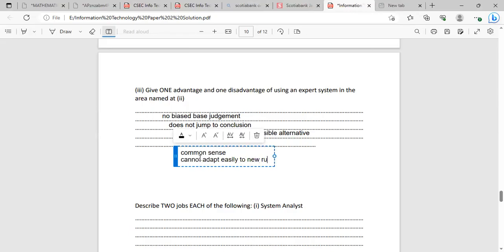So new rules and concepts. So that's one of the disadvantages. One more, it cannot reason across disciplines. So you cannot reason. It's just what it's programmed to do.